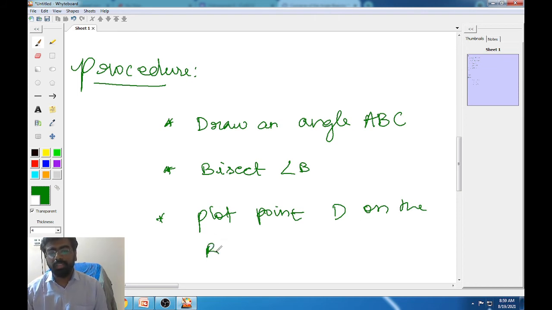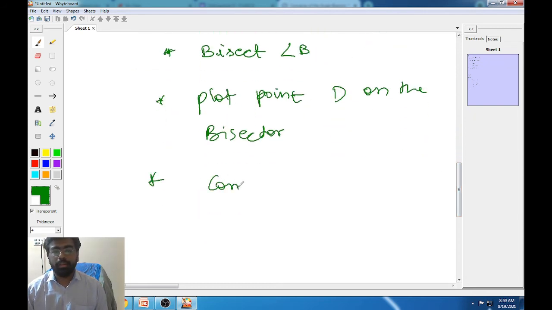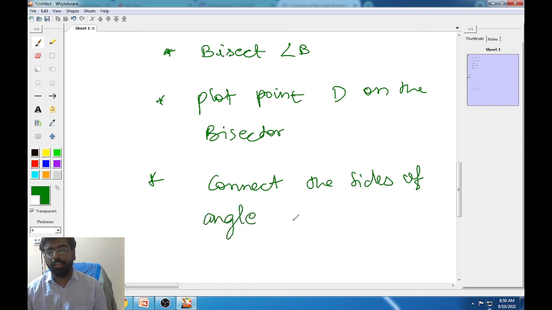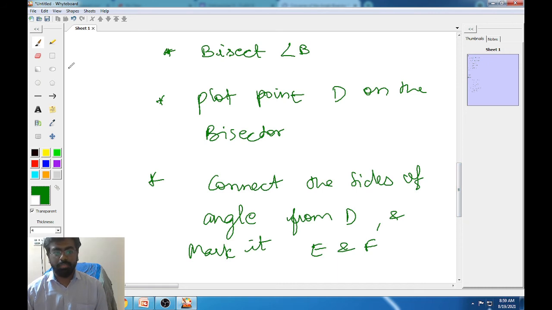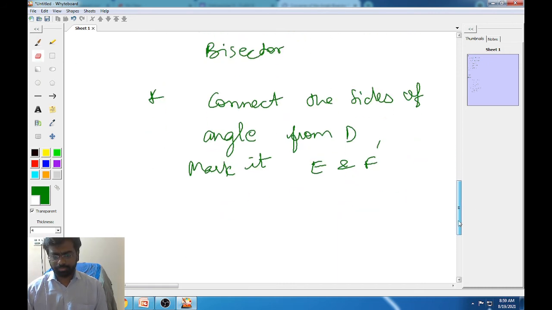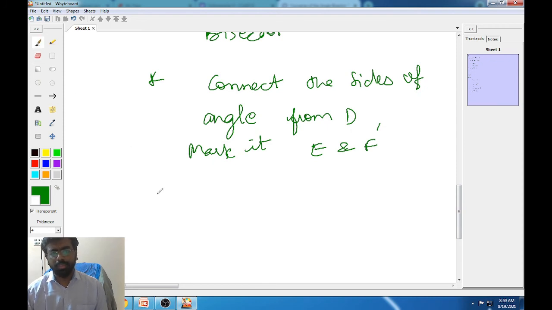Plot point D on the bisector. Connect the sides of the angle from D and mark them E and F. After making it, we observe ED is equal to FD.